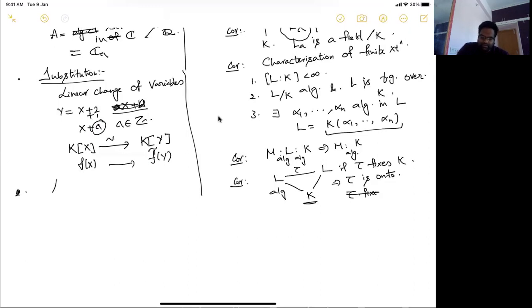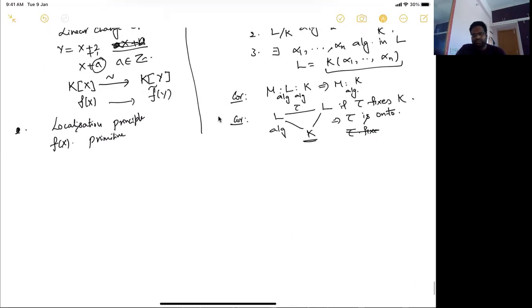And second, we have the localization principle. So given a polynomial f of x, suppose it is primitive, that means it is in Z[x] and it is a primitive polynomial.